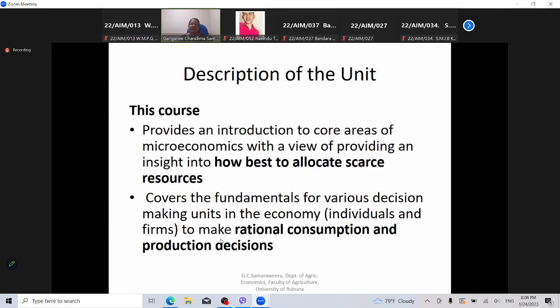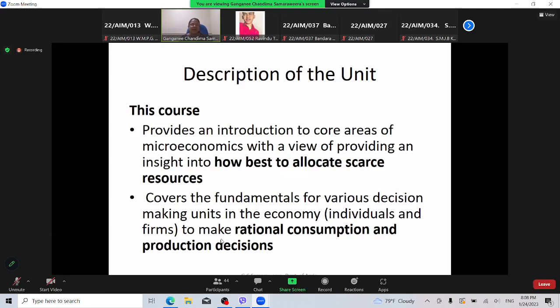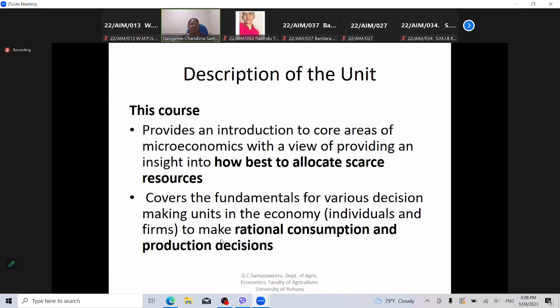That means the main areas of microeconomics. Finally, we will see what is microeconomics. First of all, the aim of this course is to provide an introduction to these core areas or main areas of microeconomics.